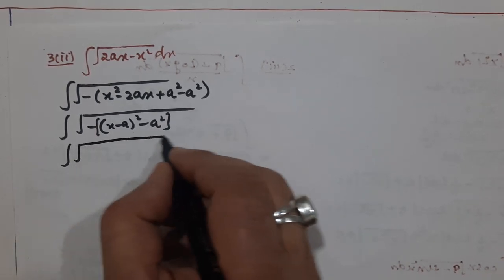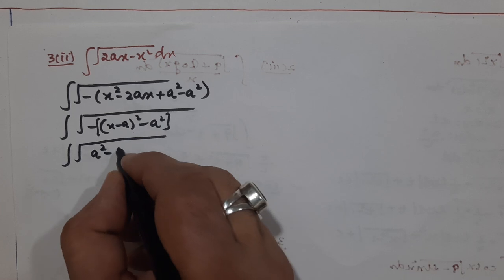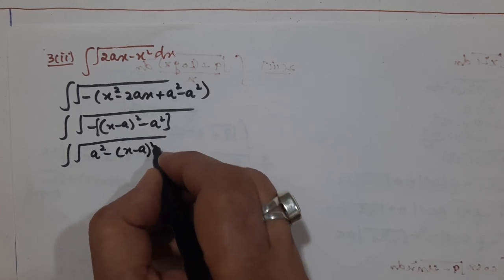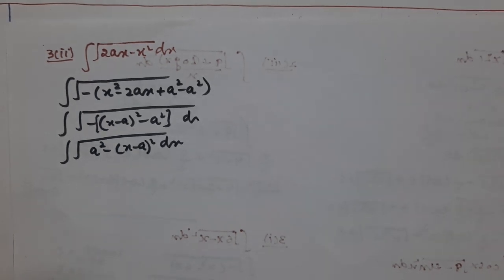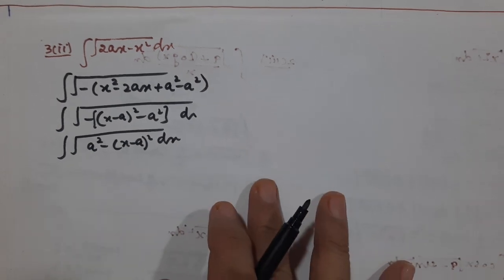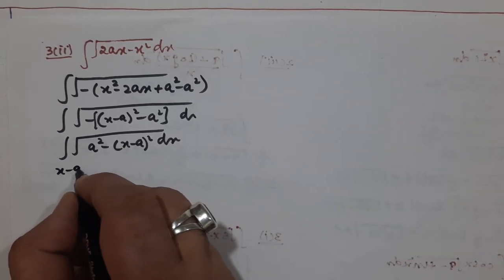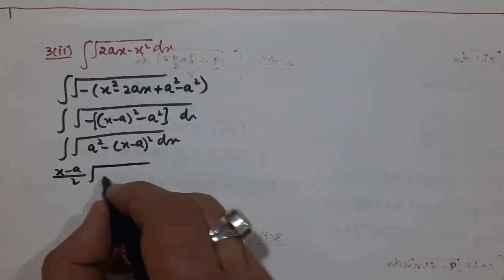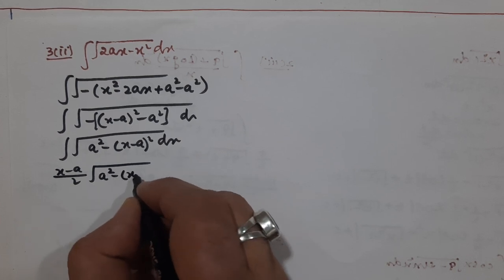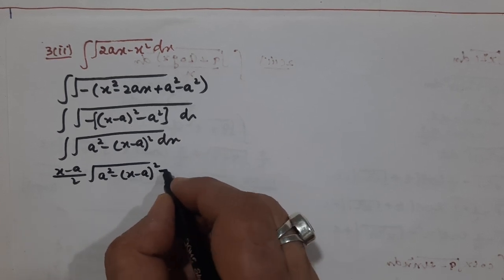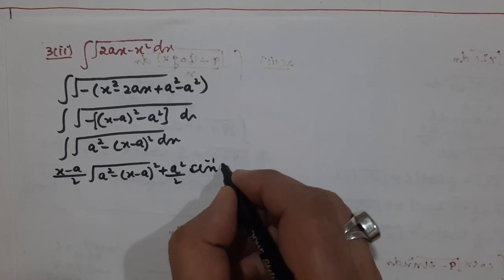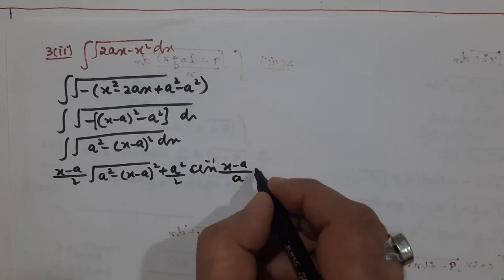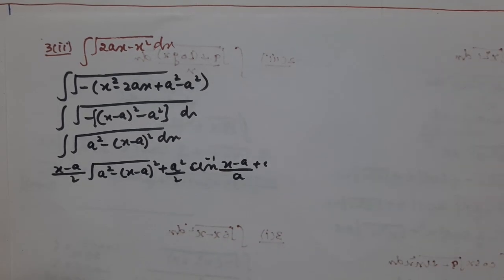Now multiplying with minus sign, we get a square minus x minus a whole square dx like this. Now using the first formula, again we can write like this: x upon 2 under root a square minus x square plus a square upon 2 sine inverse x upon a plus c like this.